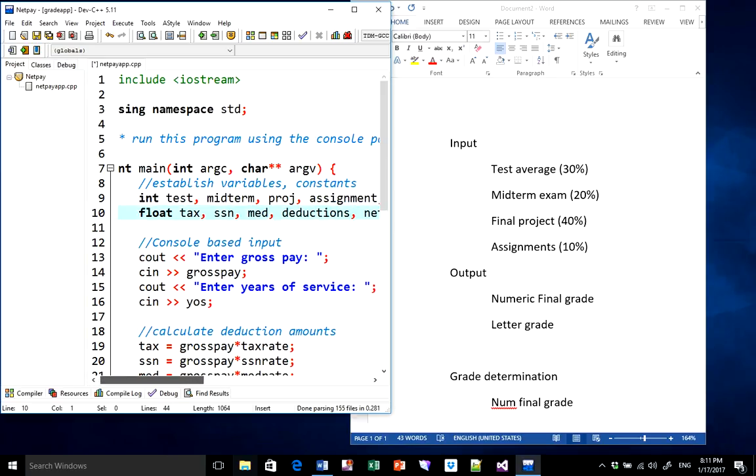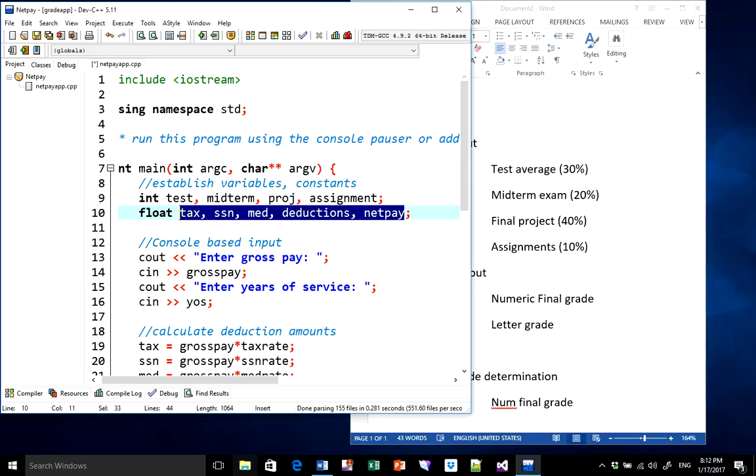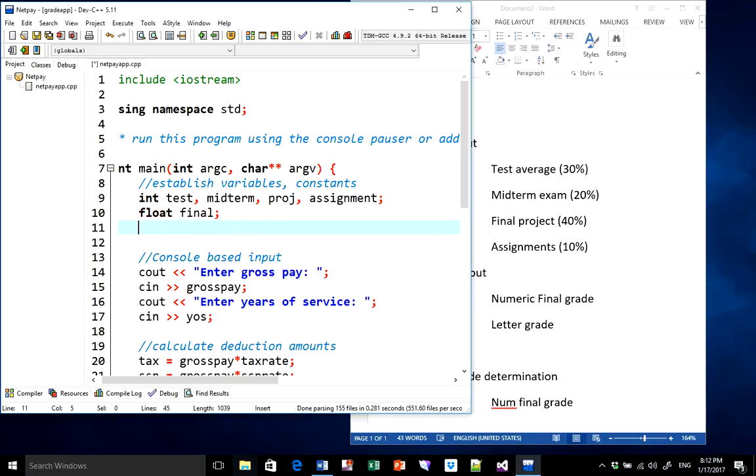And the next thing we're going to have is for the output. We're going to have float final. Okay. And then what else? Char letter grade. Will char work?